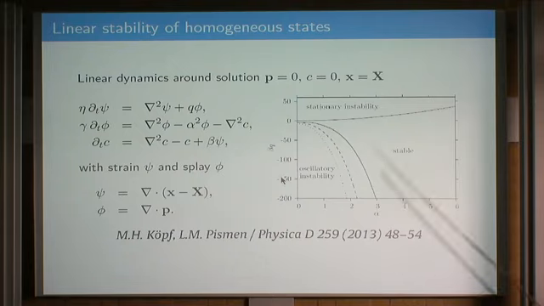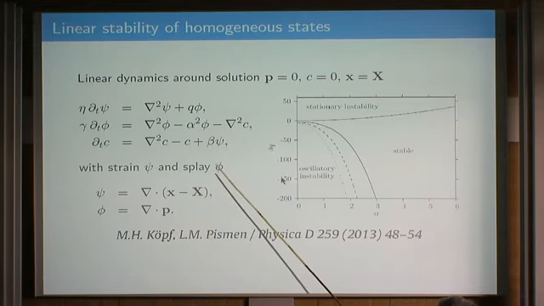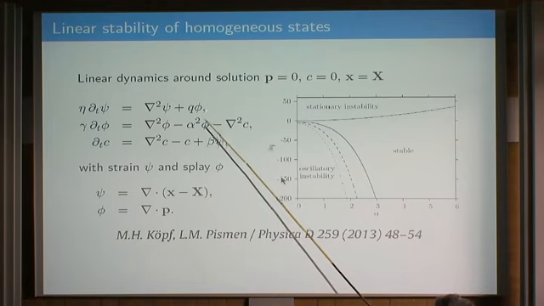Now, what you see in this slide is the linear stability analysis of this system. In the general formulation, there are five variables: two components of deformation, two components of polarization, and one concentration. In the linearized equations, they are reduced to three.